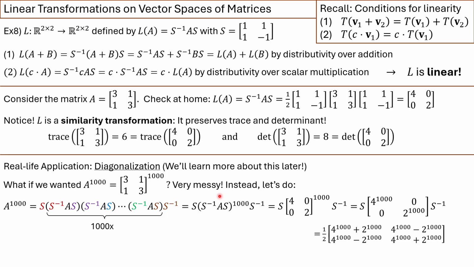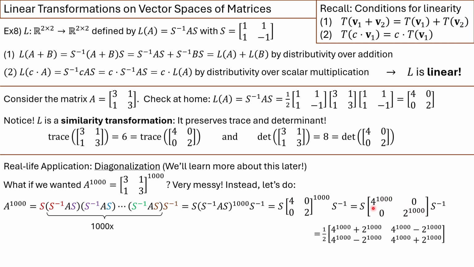So what we know is this S inverse A S, if A was [3, 1; 1, 3], maps to [4, 0; 0, 2], which is a diagonal matrix, and diagonal matrices are special when we're taking powers because we can then, for this specific form of a diagonal matrix, just take powers of the diagonal elements.